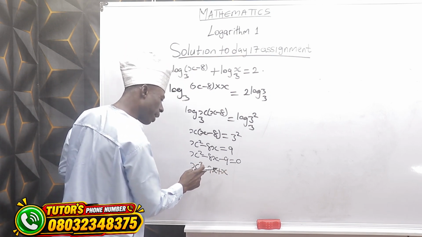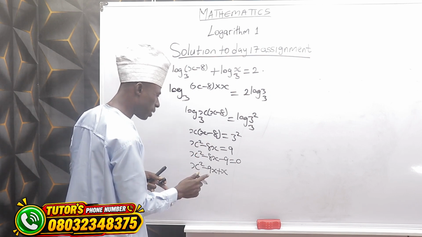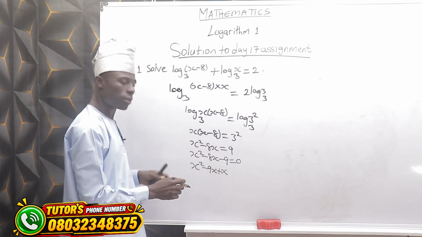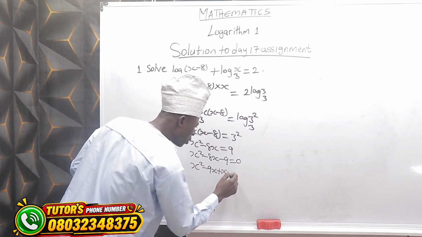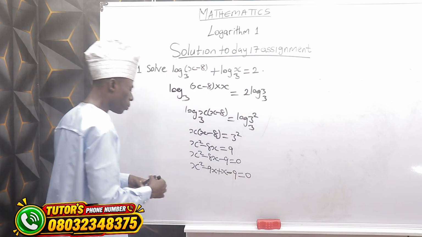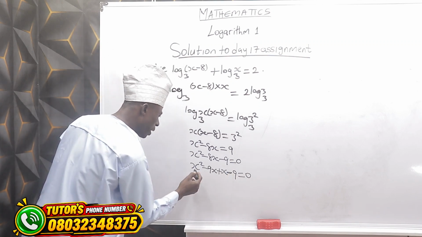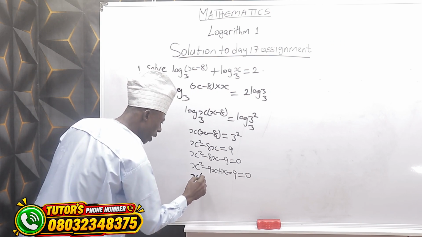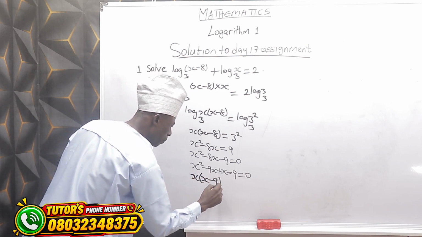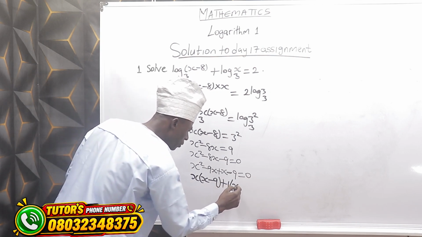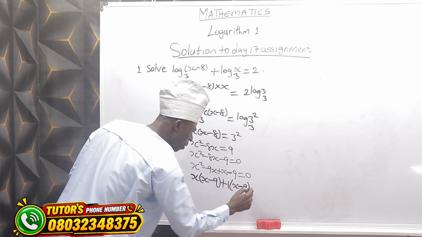And minus 9 times positive x gives minus 9x, and minus 9 equals 0. The HCF between the first 2 terms is x. x into (x minus 9) plus 1 into (x minus 9).